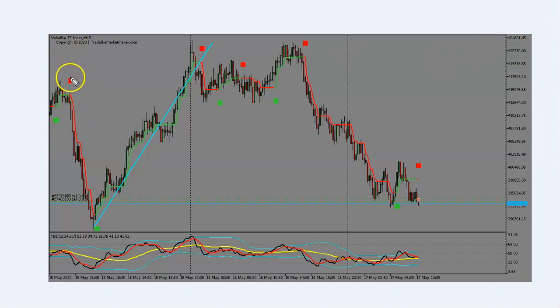By the way, this is a previous signal of sell, but this signal was for retracement. If the trend was bullish on a high time frame, you should not have traded this signal because it's against the trend.